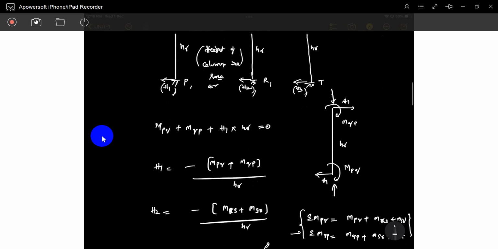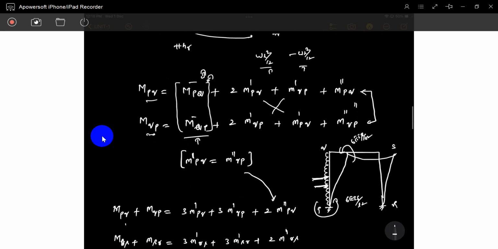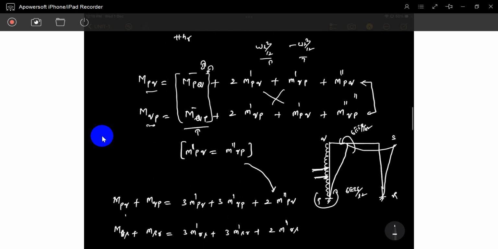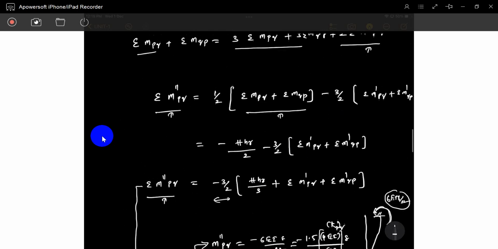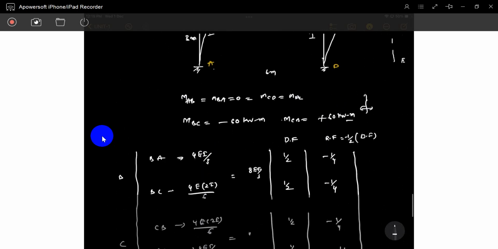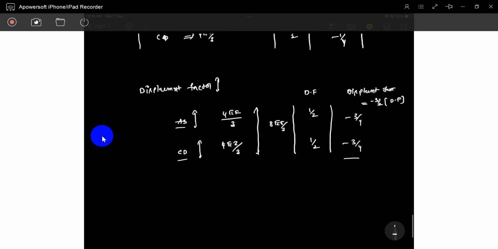Okay, so you have to understand that. If not, why would we require the rotational factors? For the rotational factors, okay? So that's it. Now we have also calculated the displacement factors. Now we can do the problem.